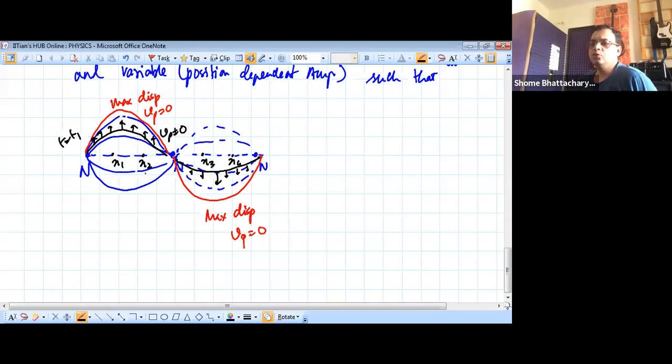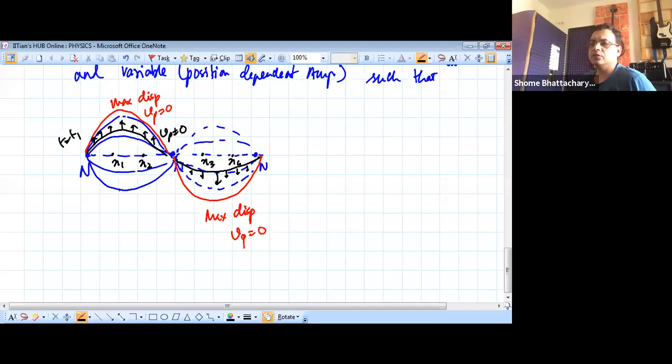Any two particles between consecutive nodes will always be oscillating in phase. That means they will reach their positive maxima simultaneously, reach back their mean position simultaneously, the negative maximum simultaneously, and so on.